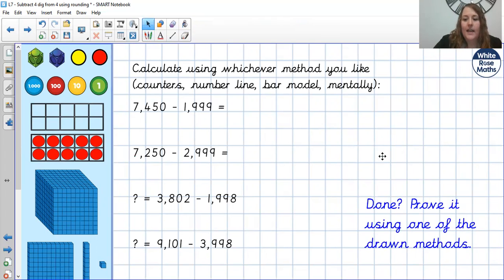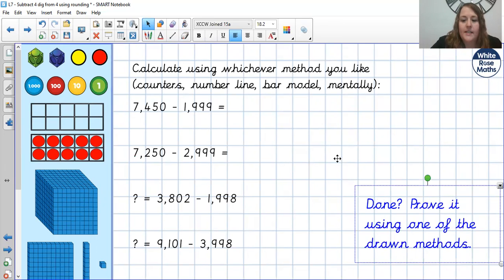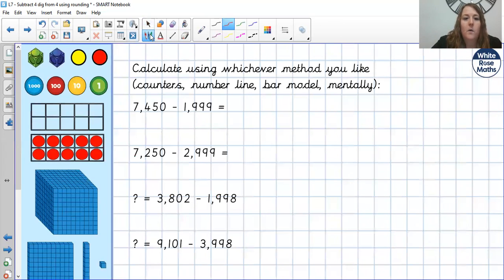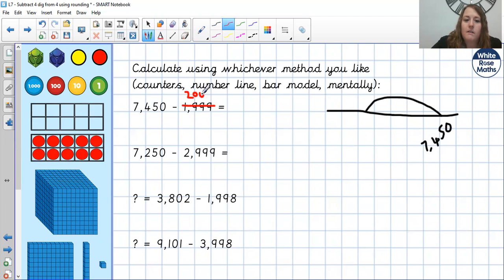Okay, well done for having a go at those. Let's go through some of these answers then. Question number 1 says 7,450. And we're going to be taking away 1,999. So I've got 7,450 on my number line, and I'm doing a jump, not of 1,999, but of 2,000. 7 take away 2 is 5, so I've got my 5,450.